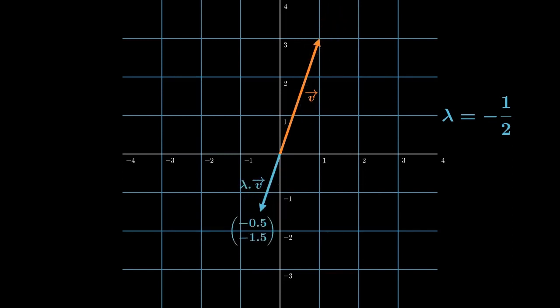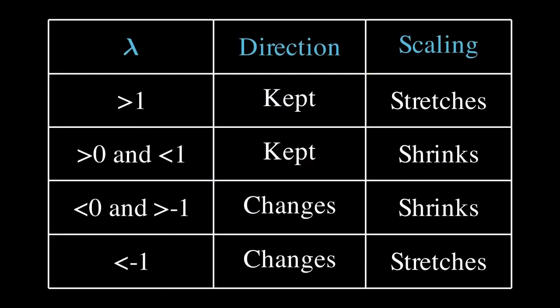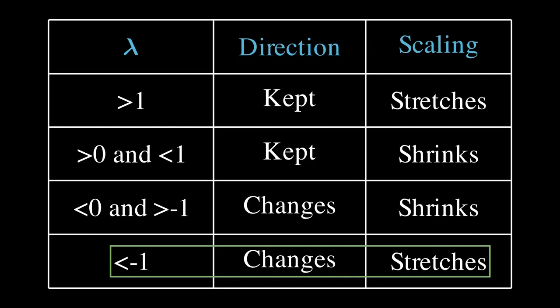The last case for a possible value of lambda is one we have already covered. It is when lambda takes values smaller than -1. When we introduced the concept of multiplying a vector by a scalar, we used a value of lambda of -2, meaning that not only the vector changed directions, but it also got stretched.